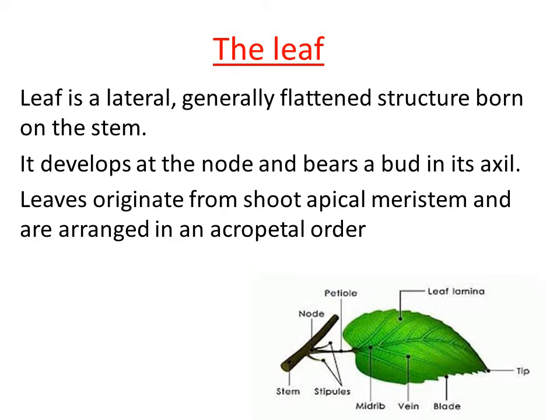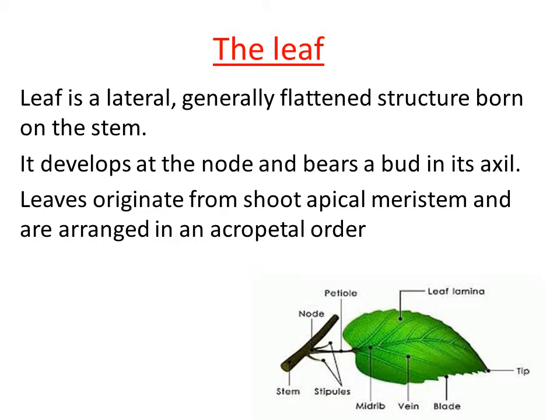Right? Initially the leaf originates from the shoot apical meristem. There are tender, meristematic tissues present in the shoot apex region, the shoot tip region, from where the leaf originates, and the leaves are arranged in an acropetal order.